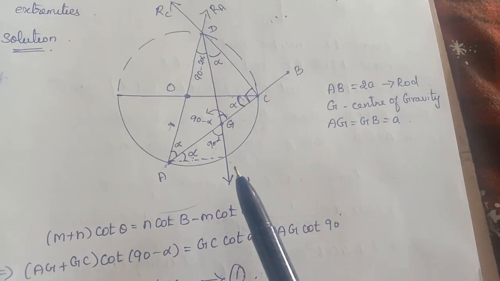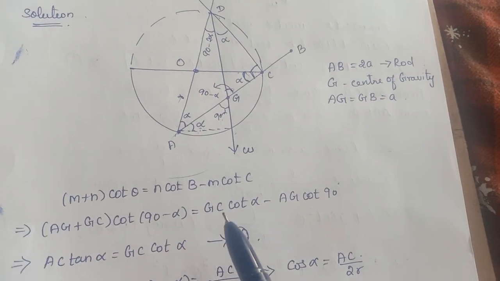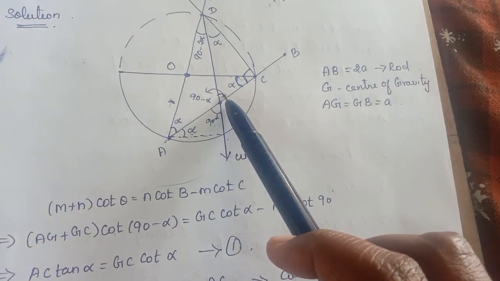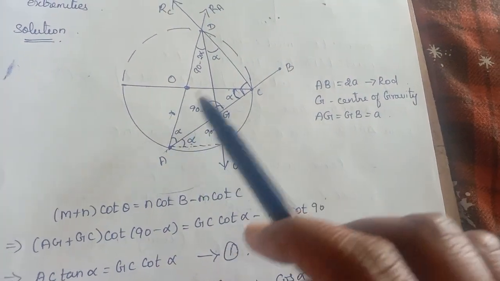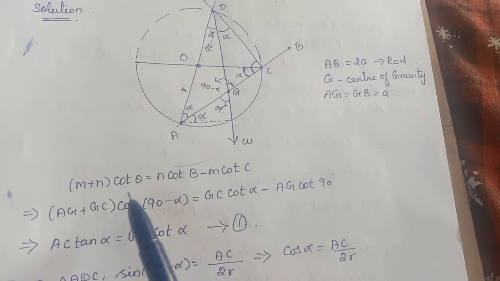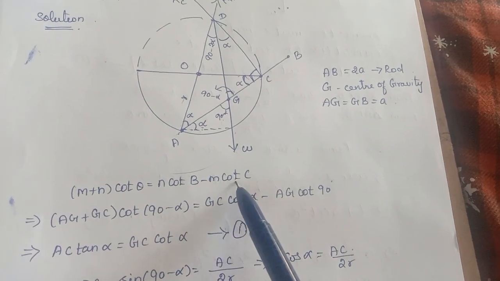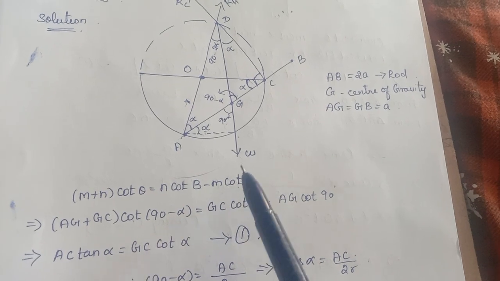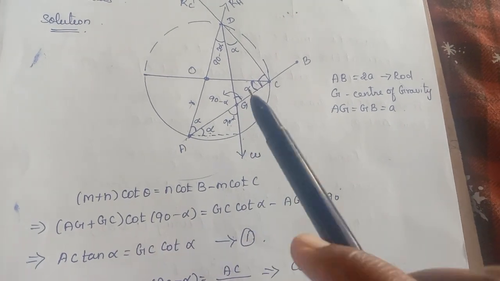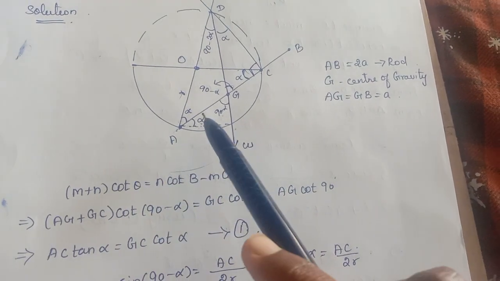So after finding the angles, let me apply the trigonometric theorem first. I know all the angles of the triangles. (m plus n) cot theta is equal to n cot B minus m cot C. The second result I am going to apply, and let me tell you why. Here, what is the ratio?